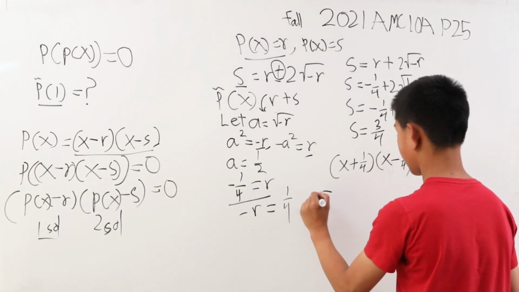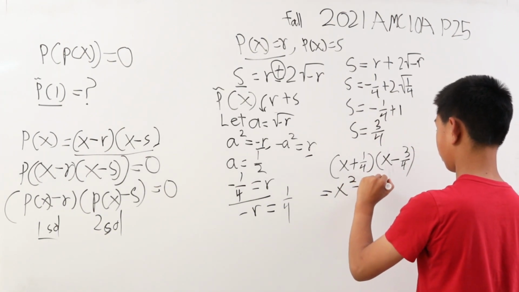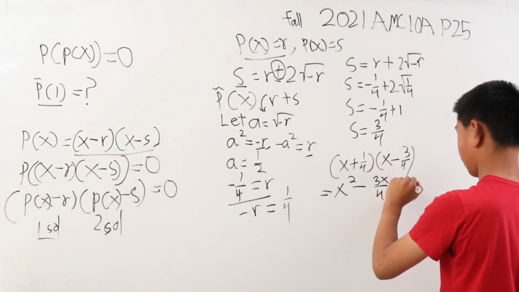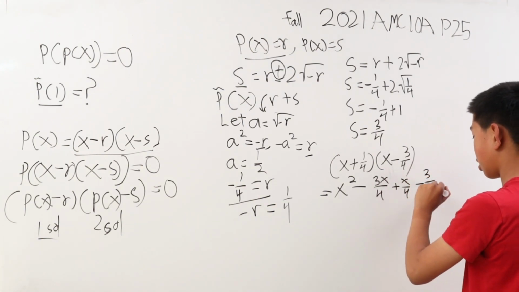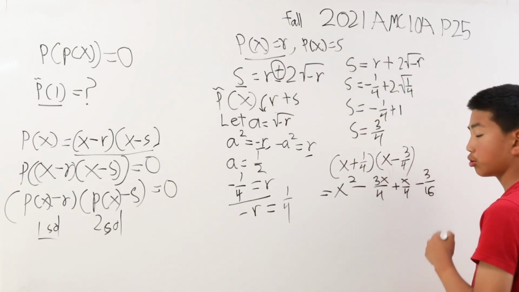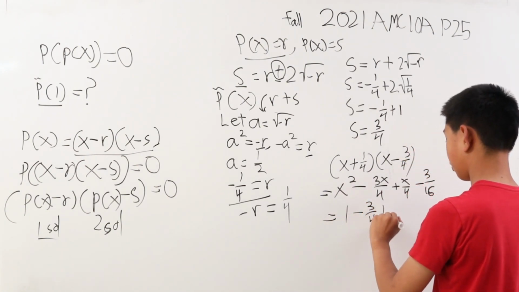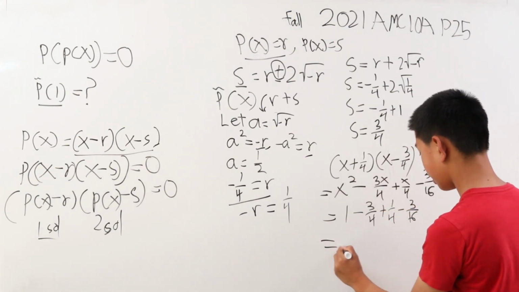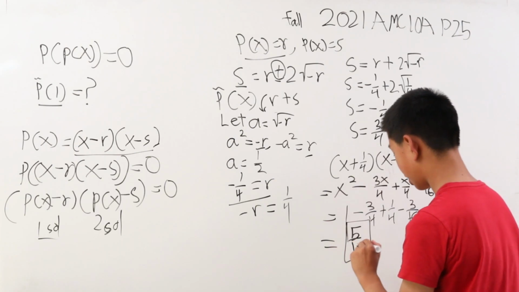This gives us x squared minus 3x over 4, I'll just write it like this, plus x over 4 minus 3 over 16. Now, the question asks when p of 1 is, when x is 1. So we can just substitute the value of 1 here. This is 1 minus 3/4 plus 1/4 minus 3 over 16. When we solve this, this will get our answer, 5 divided by 16. This problem's challenging, but we did it.